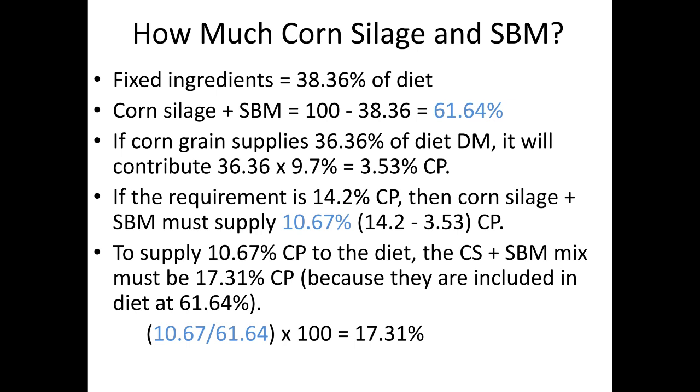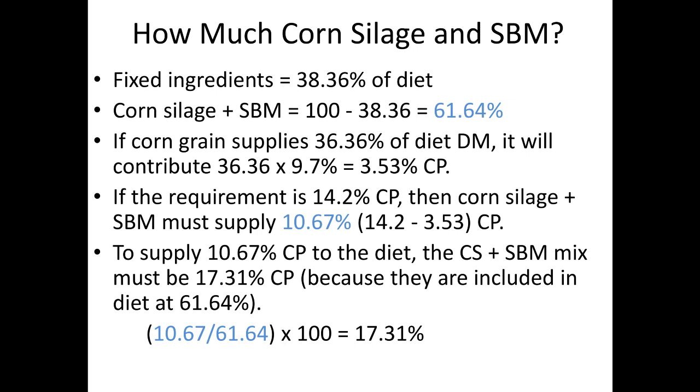Okay, and to calculate that, it's just 10.67% crude protein, which is the amount of protein that needs to be contributed to the diet from everything else, because remember we said that the corn grain was supplying 3.53% crude protein.